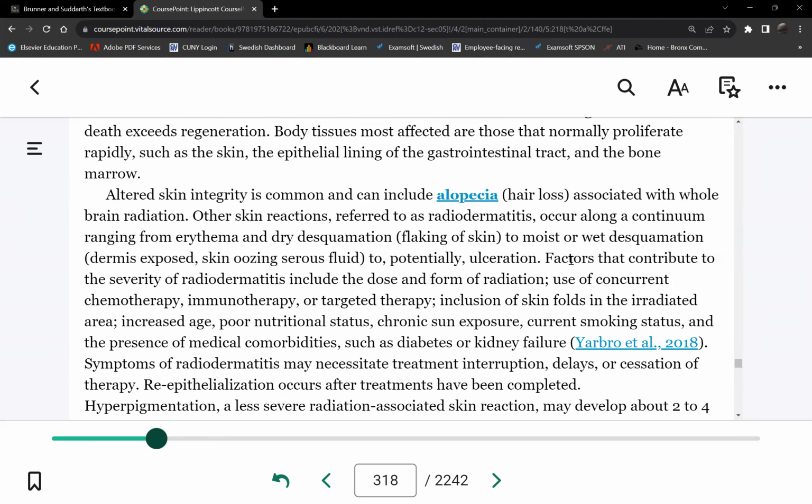So the advice is to dress it lightly. Don't wear anything tight over it that will irritate the skin more. Don't put any powders or lotions there unless approved. As long as it's mild and your radio oncologist approves it, that's part of the skincare we do for radiodermatitis.